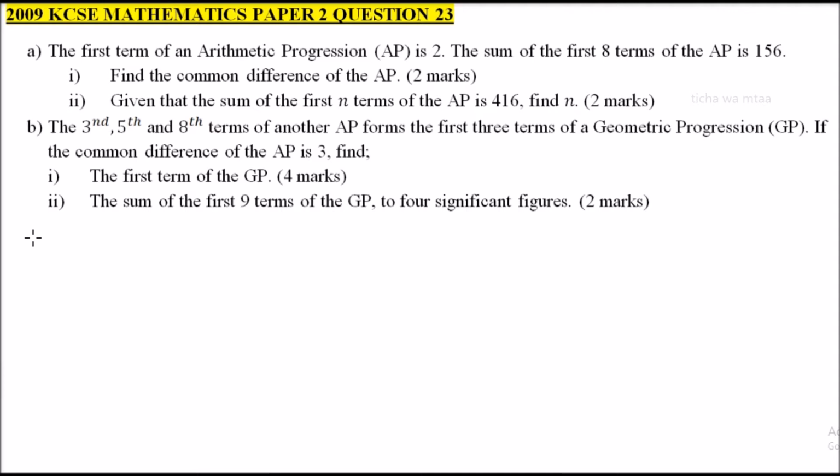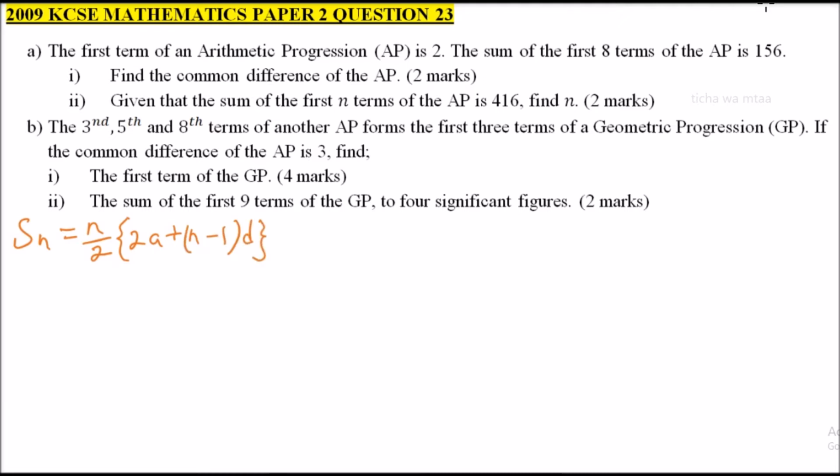We know the formula: Sn, the sum of the first n terms, is n over 2 into bracket 2a plus (n minus 1) into bracket d, and we close the bracket.